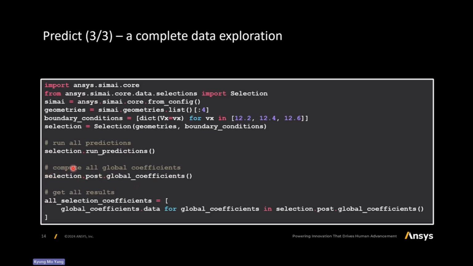So from the selection, we're going to compute all the global coefficients that have been set in the model configuration. And once you do that, you can get for each global coefficient the data from the list. And you can do this for any other result predicted from the predictions that have been run before, would it be for any other global coefficient, would it be for field prediction, and so on and so forth.